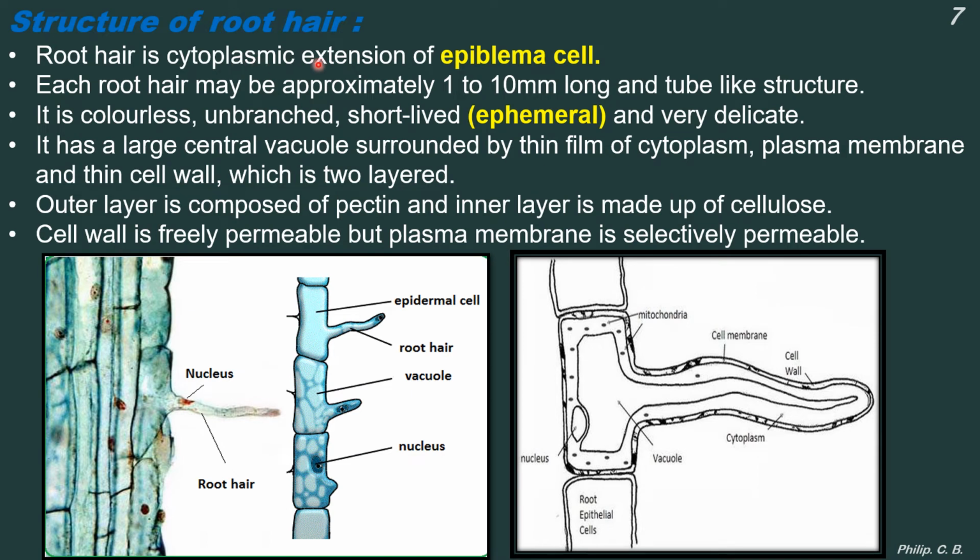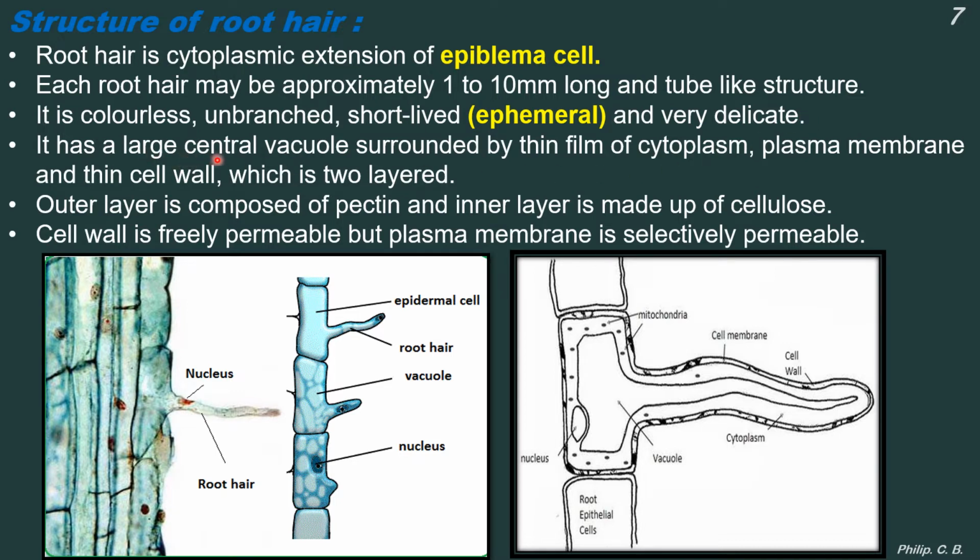Structure of root hair. Root hair is a cytoplasmic extension of epiblema cells. Each root hair may be approximately 1 to 10 millimeter long and tube shaped, as you can see in the image. It is colorless, unbranched, short-lived, ephemeral and very delicate, meaning it is a short-lived cell.